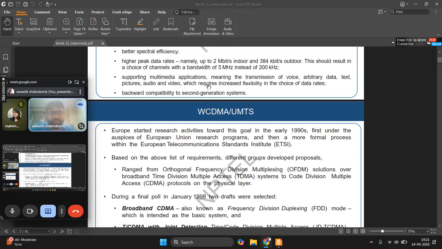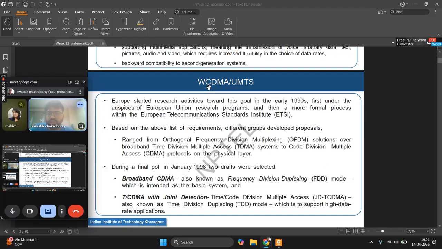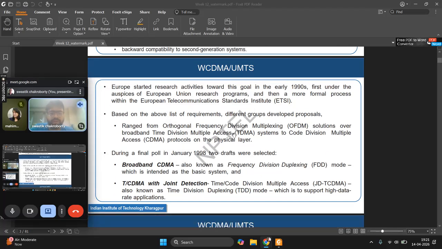Based on the above list of requirements, different groups developed different proposals, which ranged from orthogonal frequency division multiplexing, or OFDM based solutions, to time division multiple access, or TDMA based solutions.